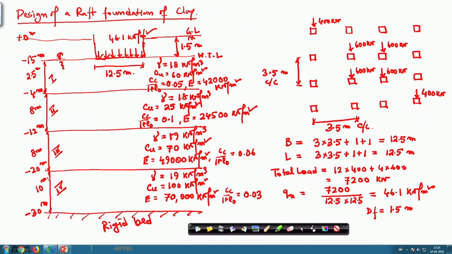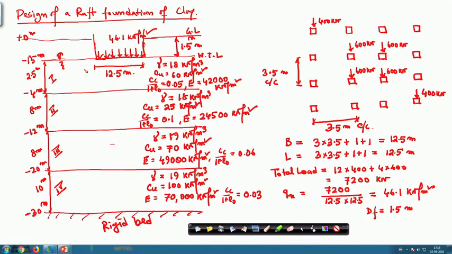But the influence zone is 12.5, so 10.5 and 2 meter. So the third layer is influenced only up to 2 meter, the first layer is influenced by 2.5 meter, and the second layer is influenced by 8 meter. So that is the maximum. One way is to take the lowest value of Cu and do the calculation, because that will give you the safest design.